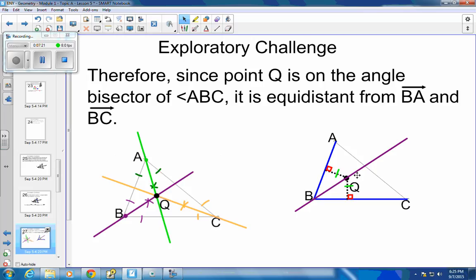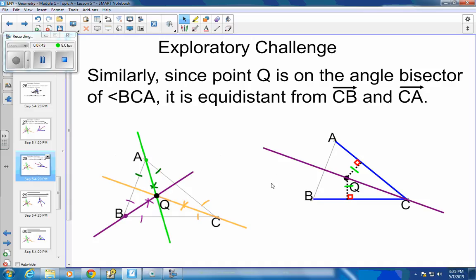Now when we talk about distance, we always talk about distance being along a line that is perpendicular to whatever we're talking to. Okay, so that is why I've got the little red square in here, because we've got to be perpendicular. So distance is always along a line that is perpendicular to what you're talking to.